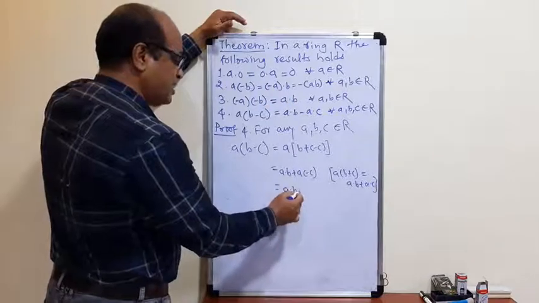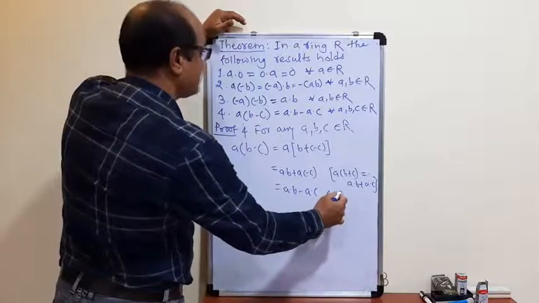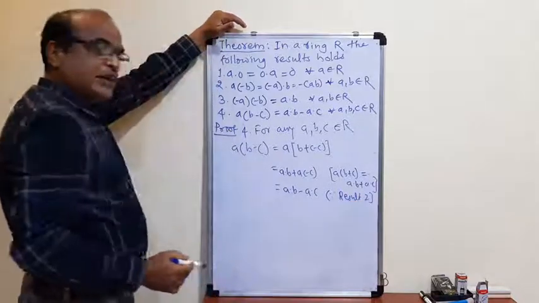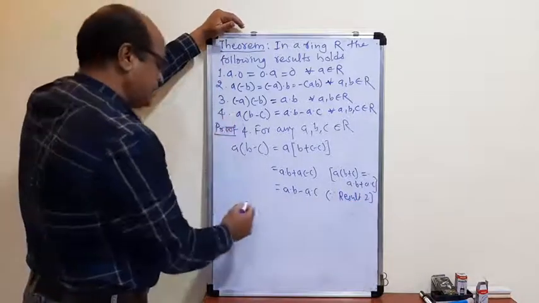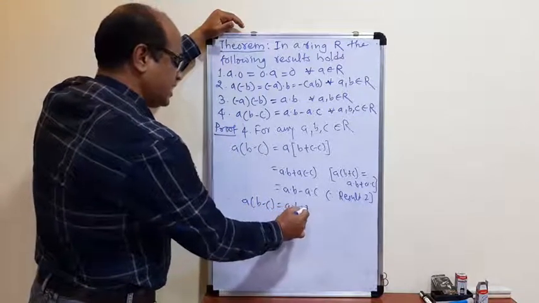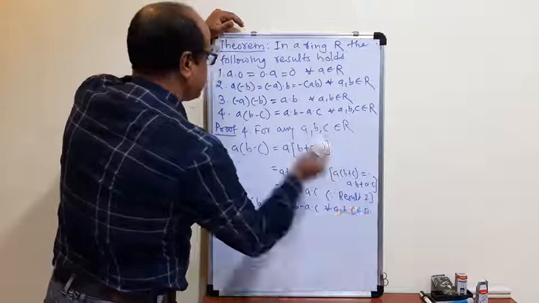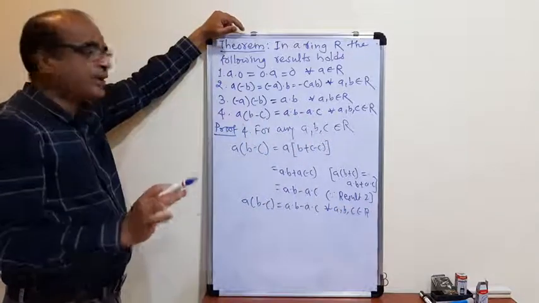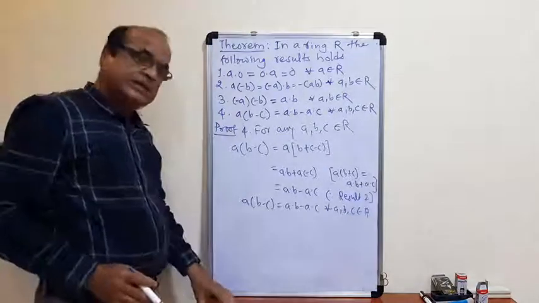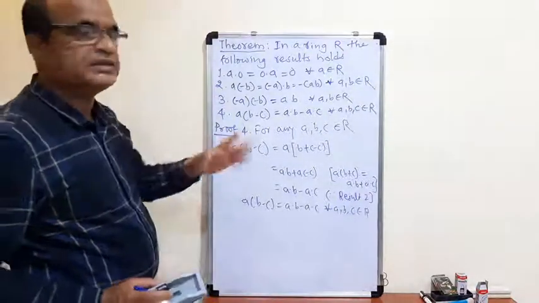So we get A into B minus A into C, by result 2. Therefore A into B minus C is equal to A into B minus A into C for all A, B, C belongs to R. And the result 4 is proved here. So we prove the theorem. Very simple, basic results on a ring R.